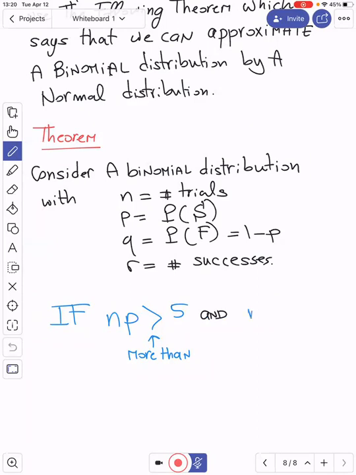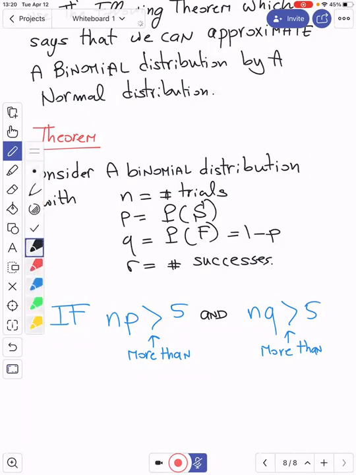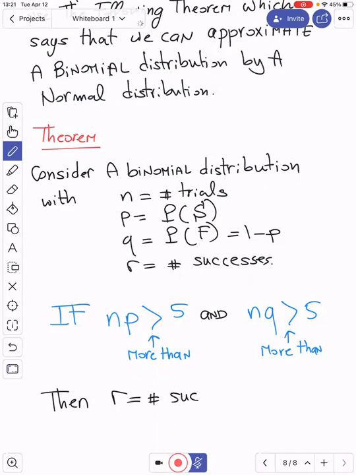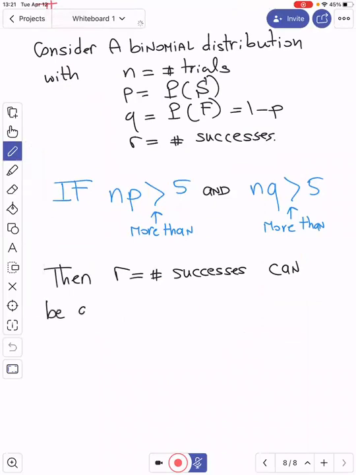Then the conclusion is that the variable R, the number of successes, can be approximated by a normal distribution.